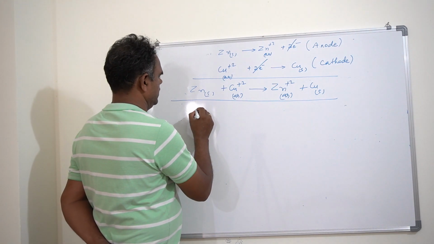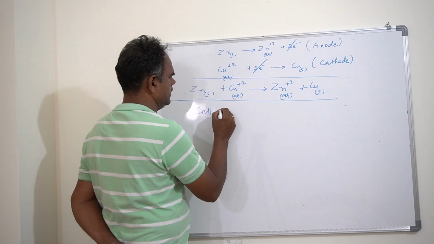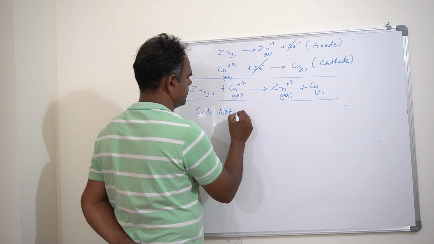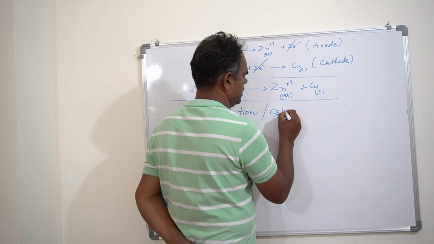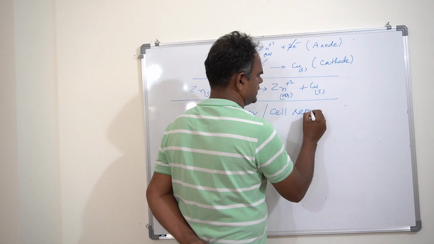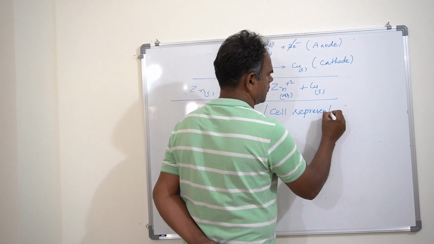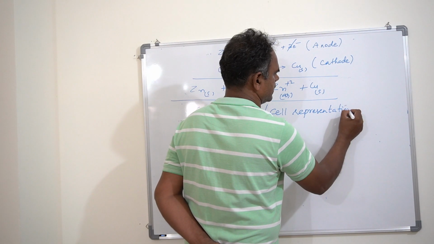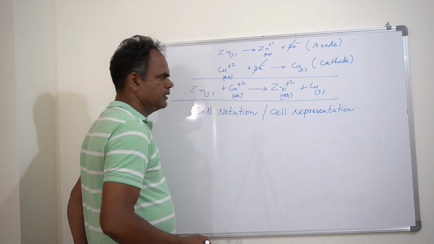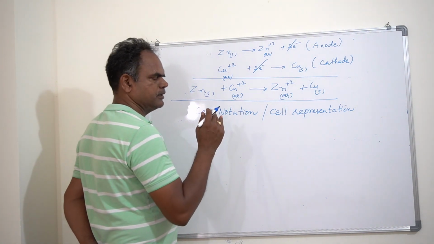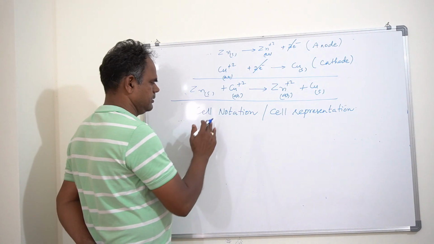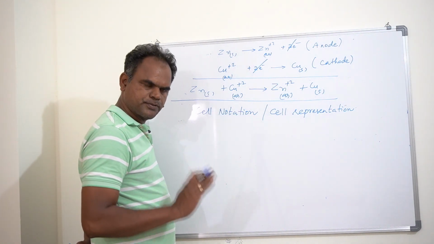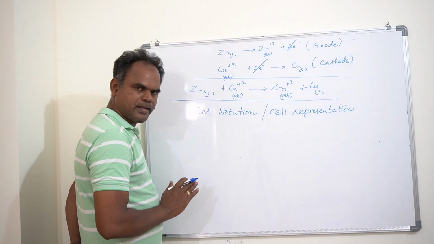So I am writing the cell notation, or cell representation. As you know, a Daniell cell or a typical galvanic cell is made up of 2 half cells. Now I am taking the left half cell.